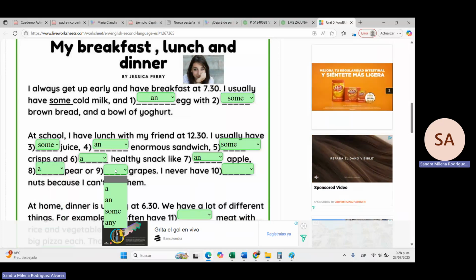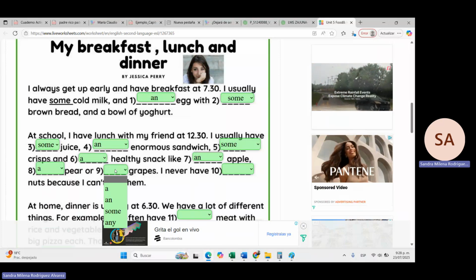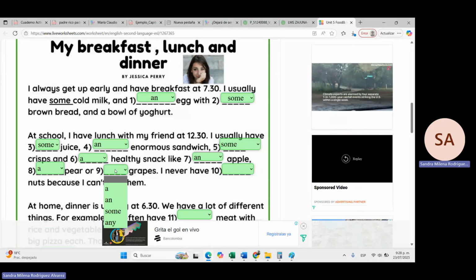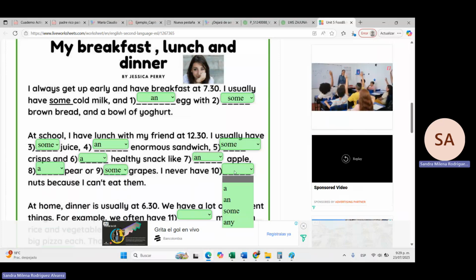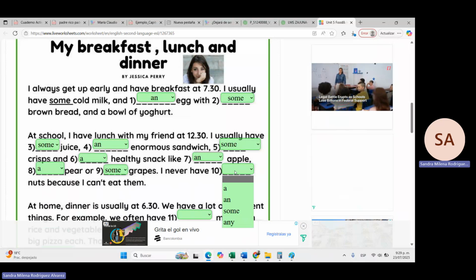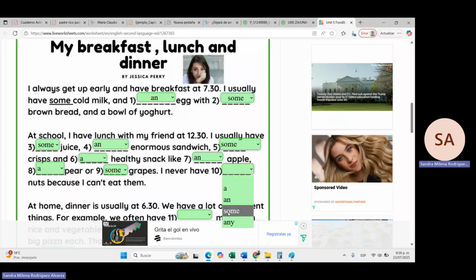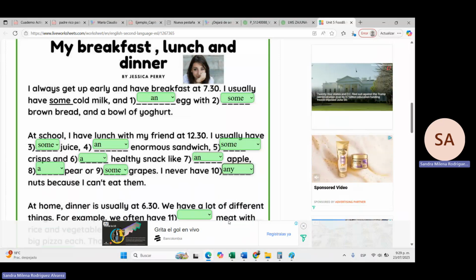I'm talking about a plural noun, so it would be some grapes, I think. I never have nuts because I can't eat them. So I never have any nuts.